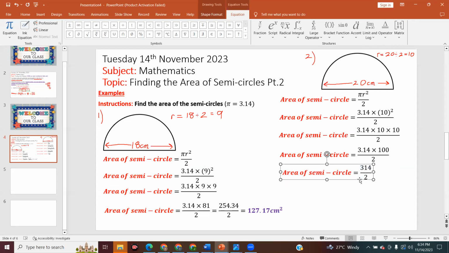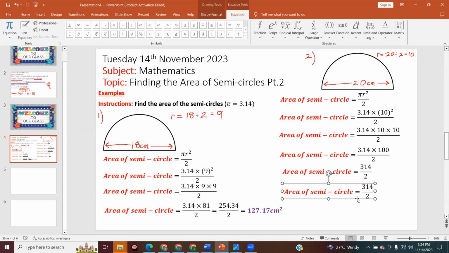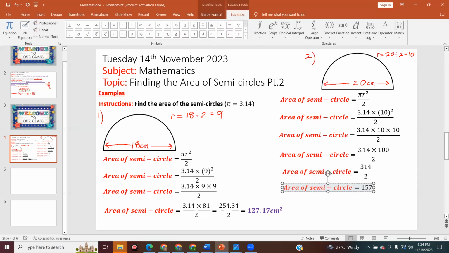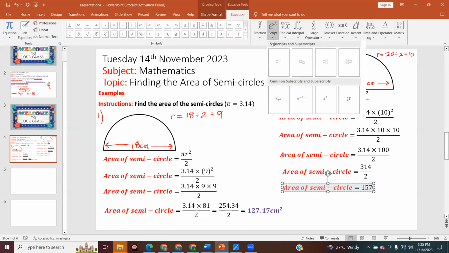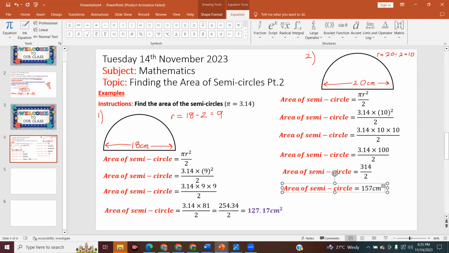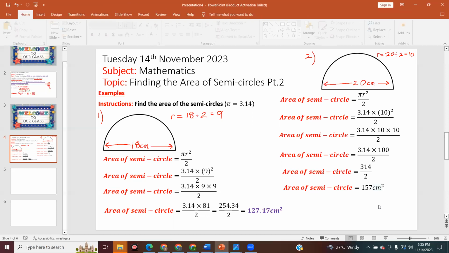And when we divide 314 by 2, what did y'all get? 157. 157 centimeters what? Squared. Very good. 157 centimeters squared.